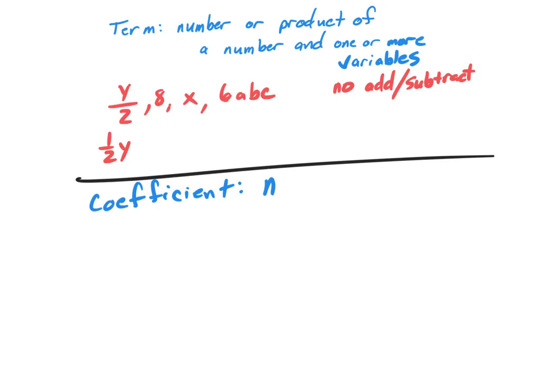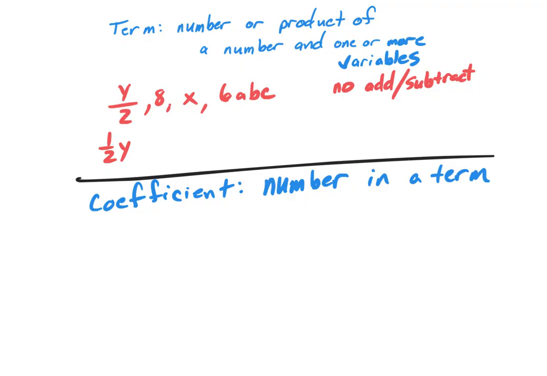But yeah, it is a number in a term. So we had terms just a second ago. Doesn't matter how many variables we have, but we're going to have one number usually within that term.